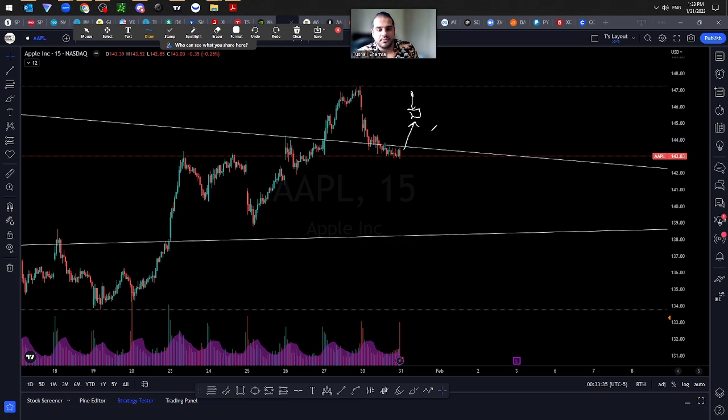For example. Maybe tweezers, right? That's another example. And then you see rejection. If you buy the contract on the pullback, your stop loss will be properly assigned.